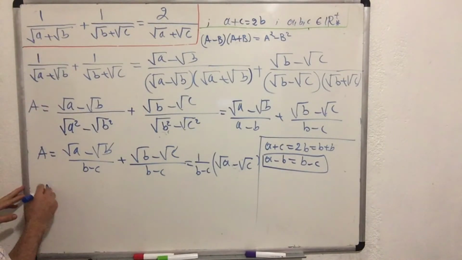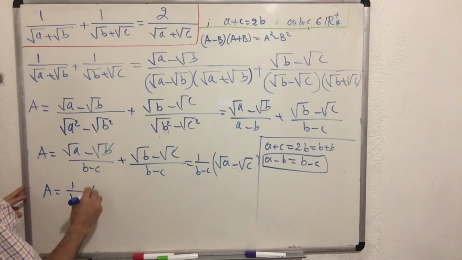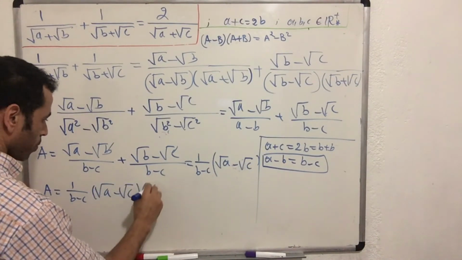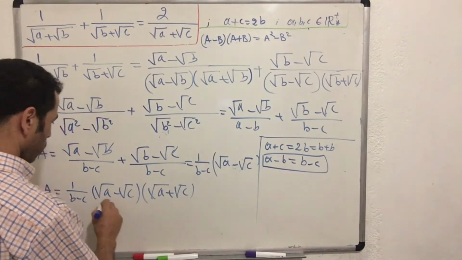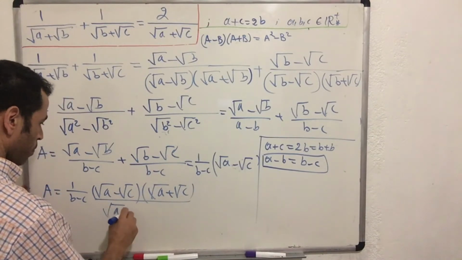So A equals 1 over b minus c multiplied by square root of a minus square root of c, multiplied by square root of a plus square root of c over square root of a plus square root of c.